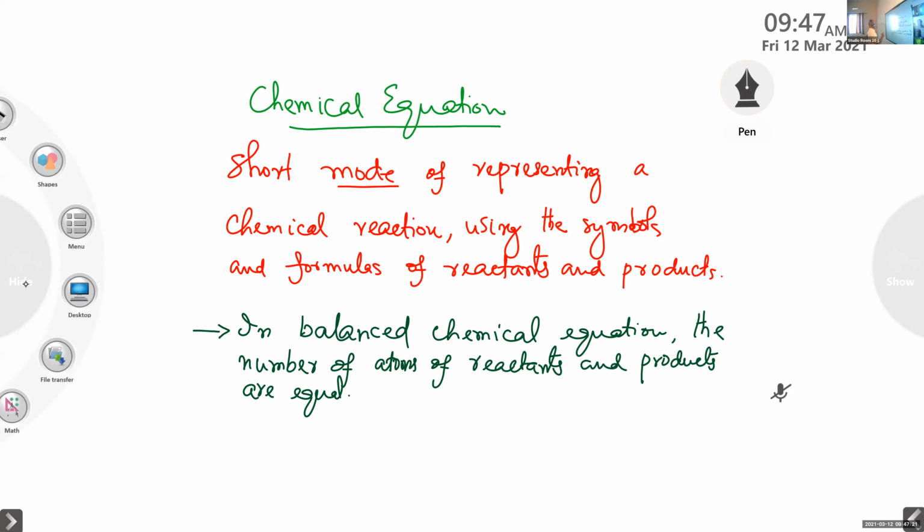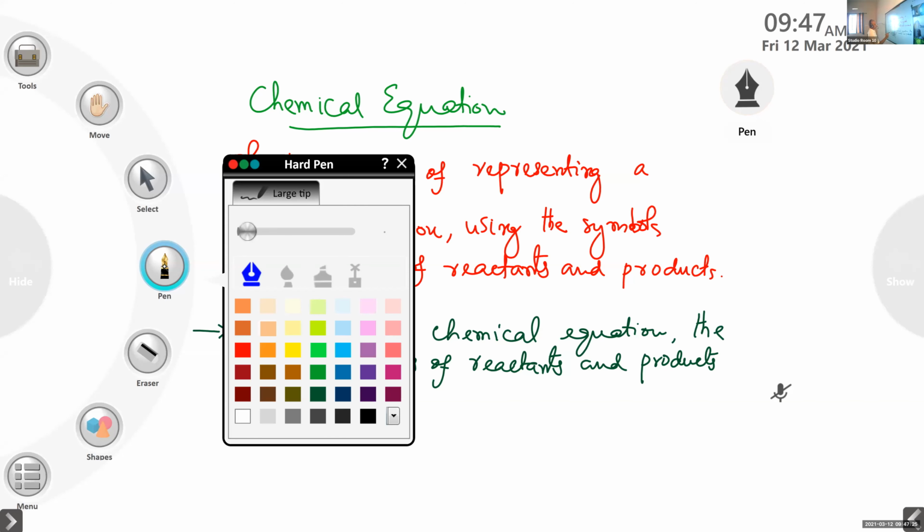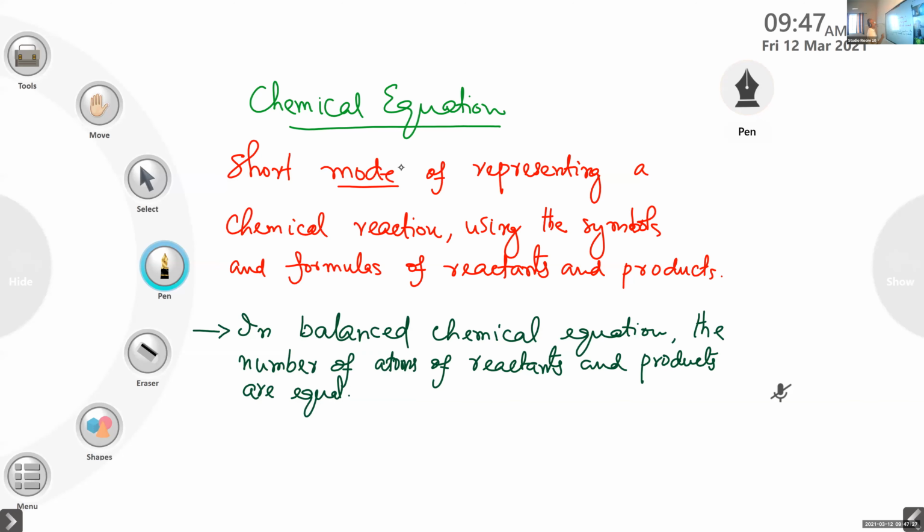Do you remember the law? You have studied it in the previous classes. So balancing a chemical equation is based on the law of conservation of mass.